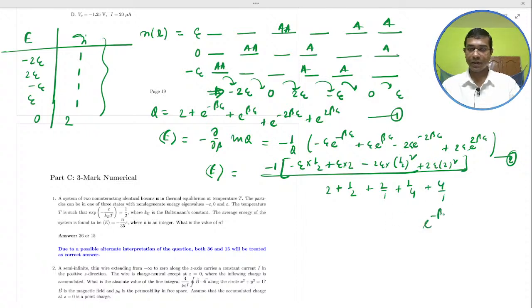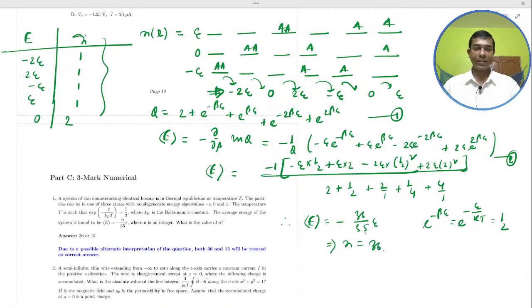Given that e to the power minus beta epsilon is e to the power minus epsilon by kT, this is half. So we now get the average energy as minus 36 by 35 epsilon. That means n equals 36. 36 would be the correct answer.